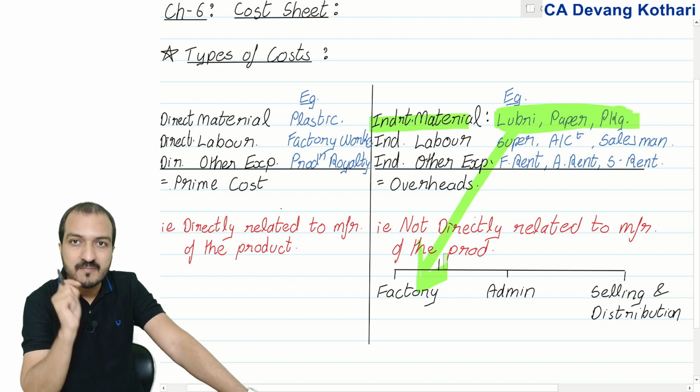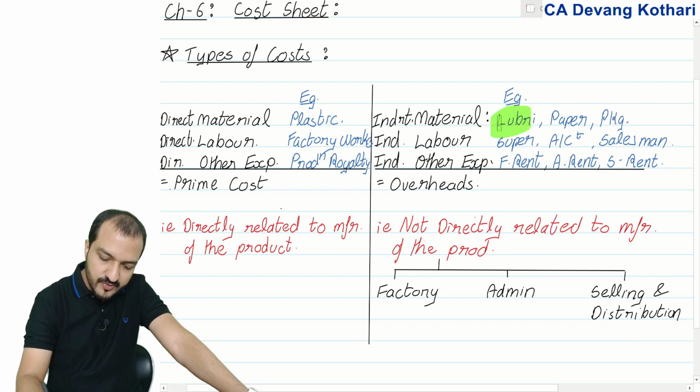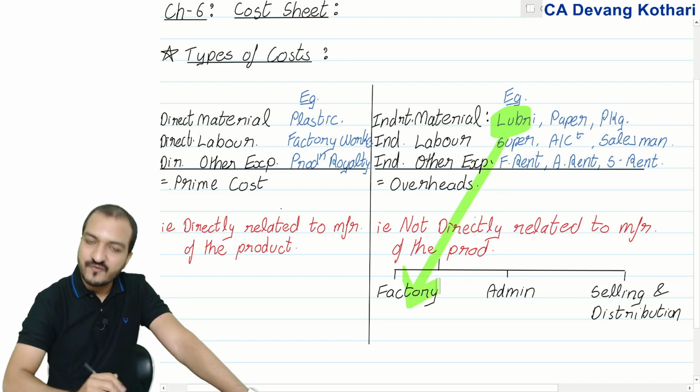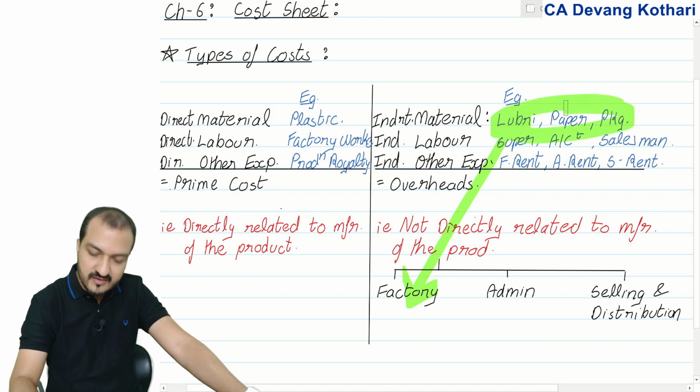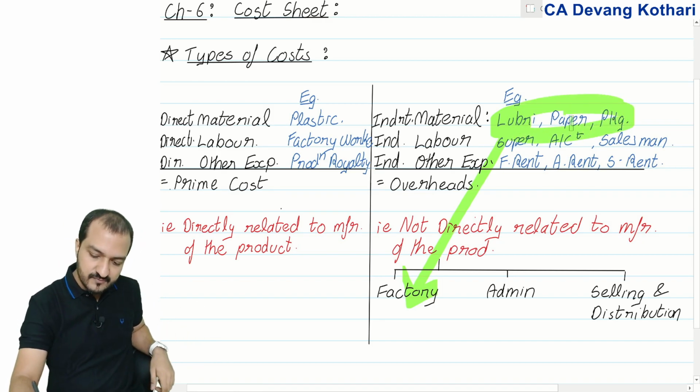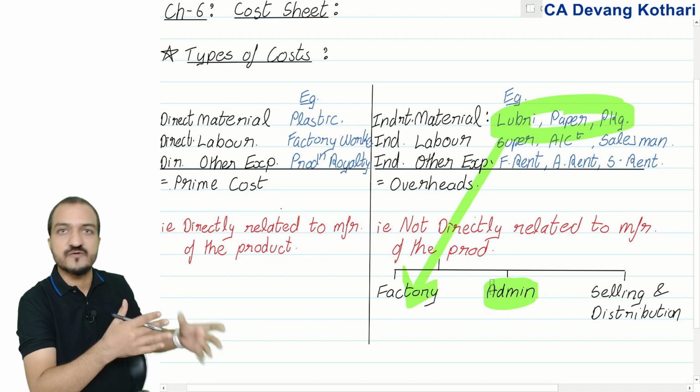Which indirect material is incurred inside the factory? Exactly. Lubricant is incurred inside the factory, right? Which indirect material is incurred for admin purpose in the administrative office?